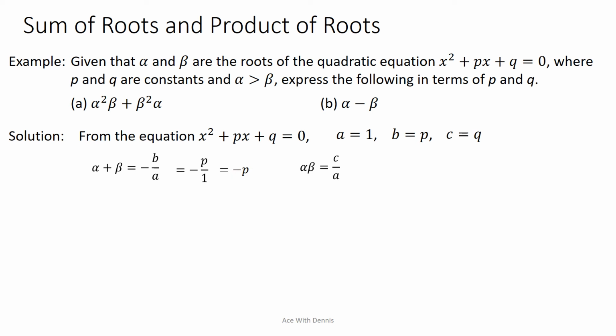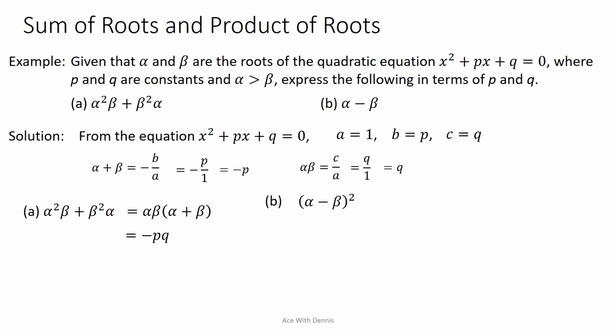Alpha times beta equals c over a, which is q over 1 or q. So, for the first expression A, alpha square beta plus beta square alpha, we can factorize alpha beta. It becomes alpha beta times alpha plus beta. Substitute, it becomes negative pq.